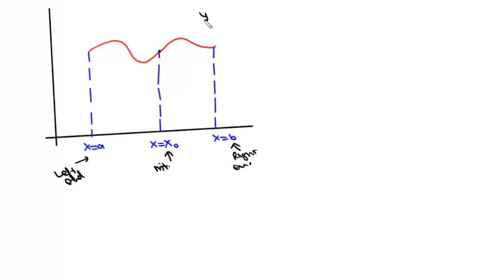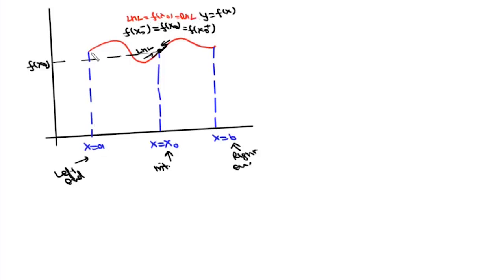So if you look at this function y equals f(x) at this point x naught, then its left hand limit approaches this point. Its right hand limit also approaches this point, and the value of this function at this point is f(x naught). So basically in this case, f(x naught negative) equals f(x naught), and it will be equal to f(x naught positive). That is, the left hand limit is equal to the function value, and it is equal to its right hand limit.